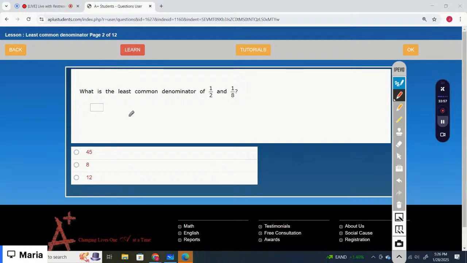So the denominators are 2 and 8. The prime factors of 2 is 2, and of 8 are 2 times 2 times 2.